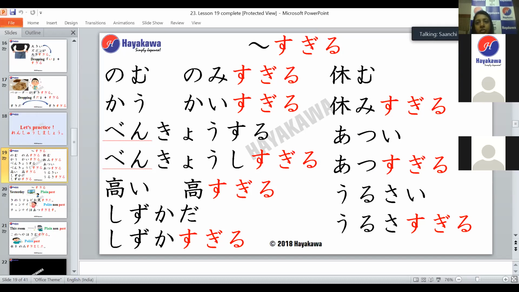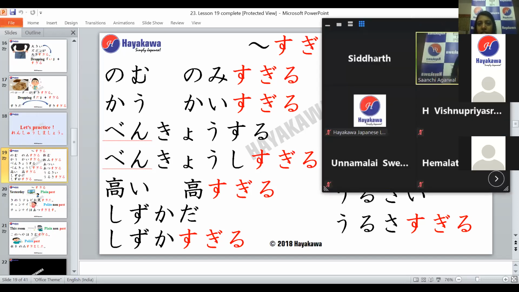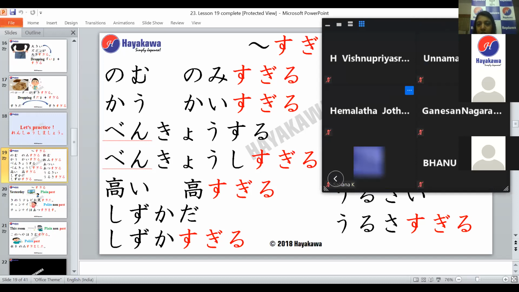So the next kyoshi we have is shizukada, which means quiet or silent, right? Sahana-san, would you like to try doing this? Ganesh-san, would you like to try attempting this?